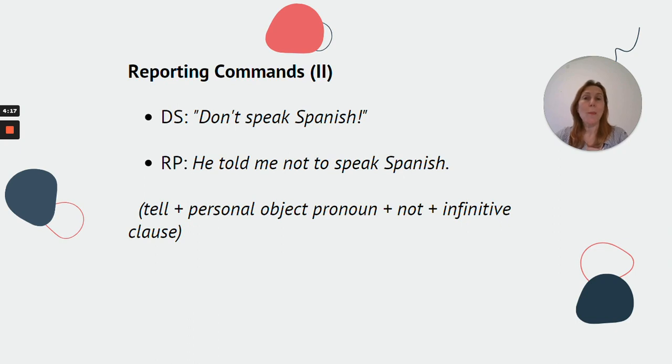Again, when reporting a statement in the negative form, like don't speak Spanish, he told me not to speak Spanish. So we see the structure repeats all the time, right? When we have a negative structure, don't speak Spanish, he told me not to speak Spanish.